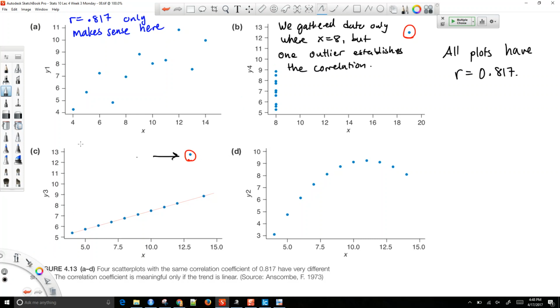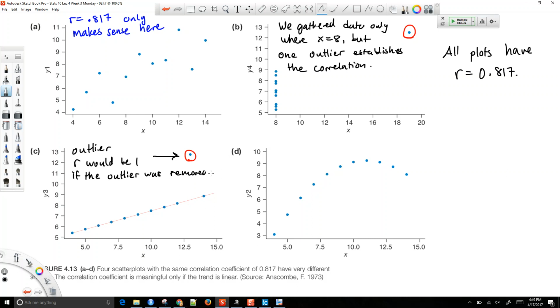This is an outlier and it's throwing it off. If they were all on the line, r should probably be 1. r would be 1 if the outlier was not here, if the outlier was removed.